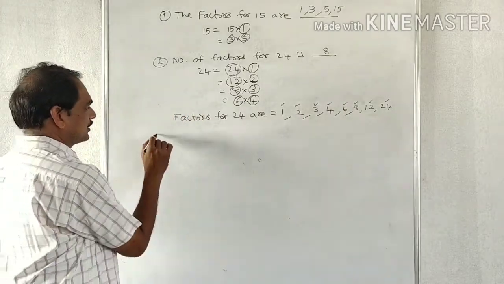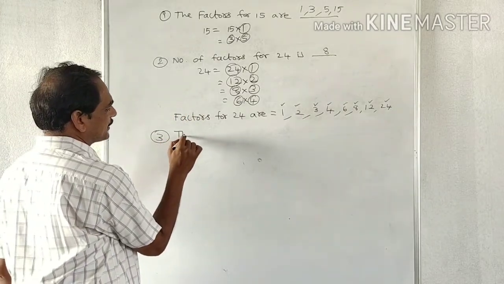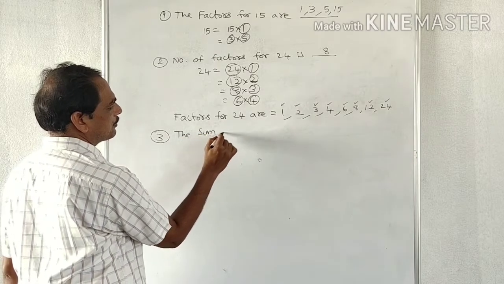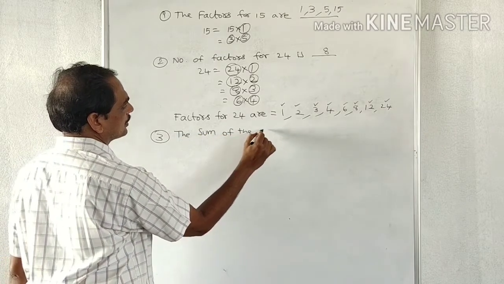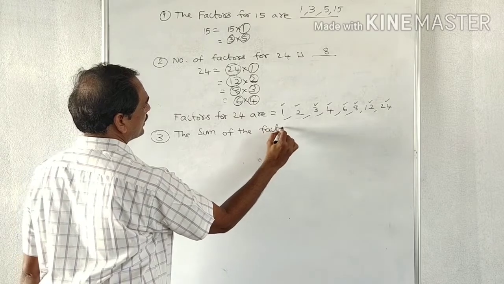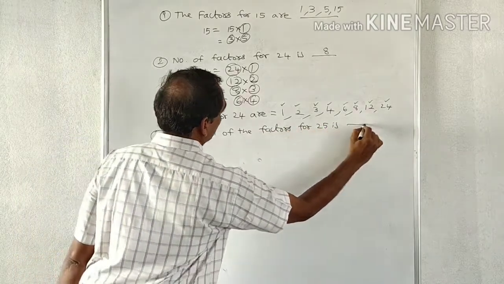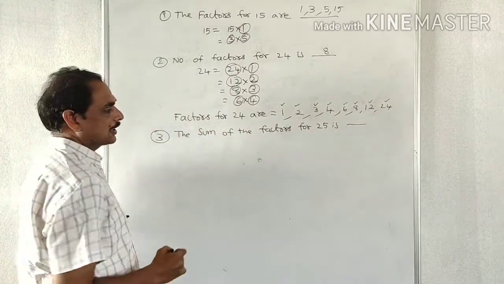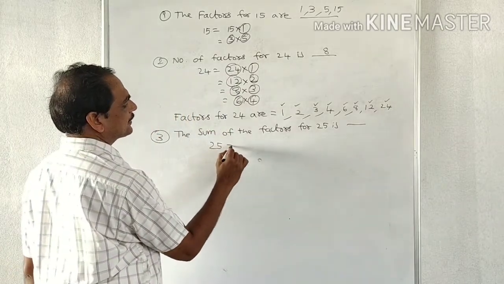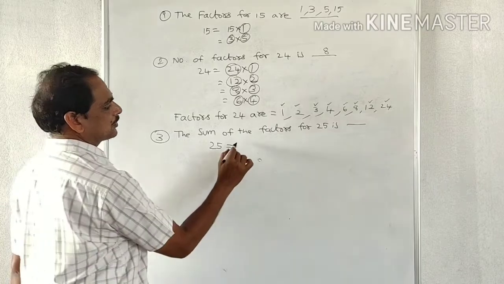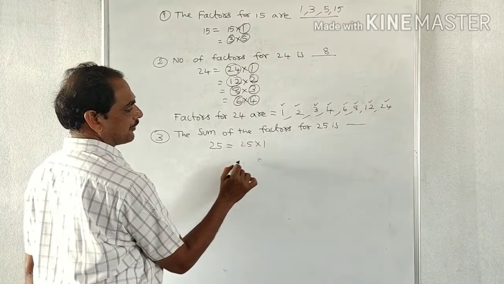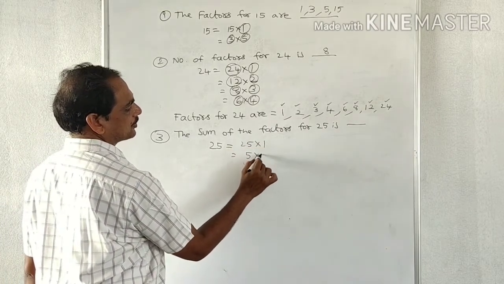The third is the sum of the factors. The sum of the factors for 25 is dash. Here also we first find the factors for 25. We write 25 ones are 25, 5 fives are 25.